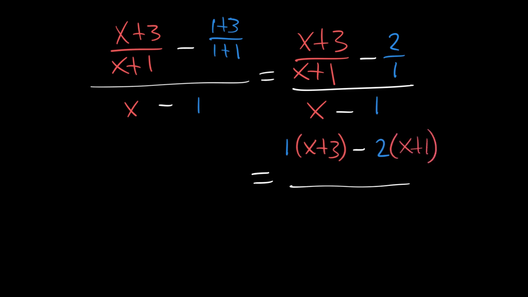And that would all be over x plus 1. So when I do all that, that's all over x plus 1. And then the new denominator would be x minus 1.